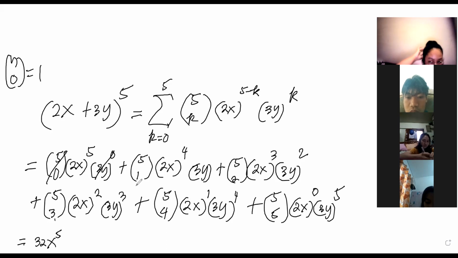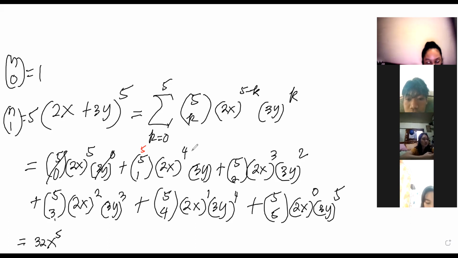How about here? If you have n taken 1, that is just equal to n, right? So this is just 5. So this portion is 5. You have here 5. This portion is 2x raised to the power of 4, and that is just 16x raised to the power of 4, right? Agree?